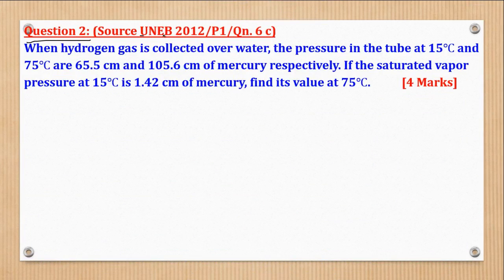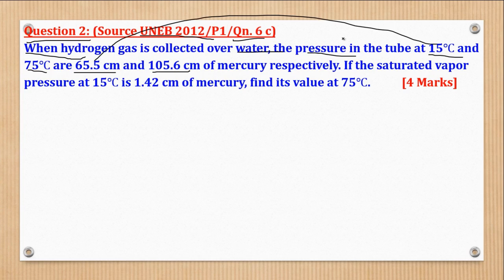Question 2 came from UNEB of 2012, paper 1, question 6C, and it says, when hydrogen gas is collected over water, the pressure in the tube at 15 degrees Celsius and 75 degrees Celsius are this and this. So this one is for 15 and this one is for 75 of mercury respectively.